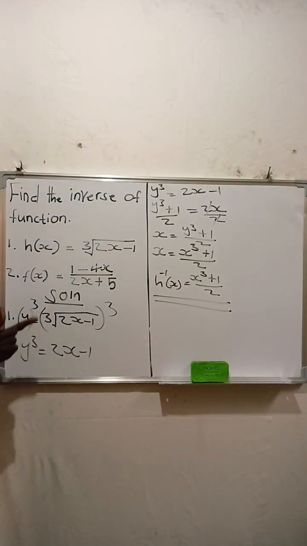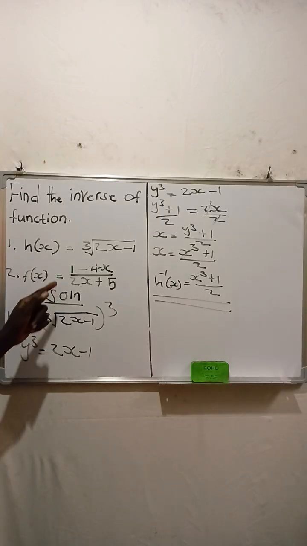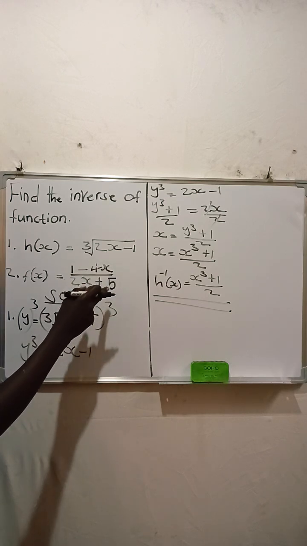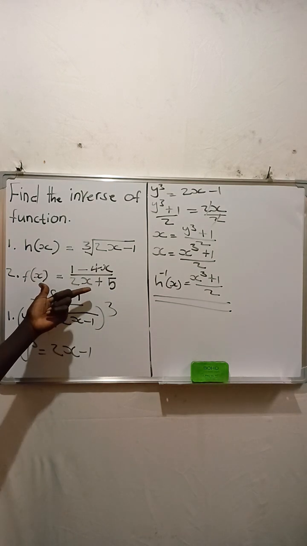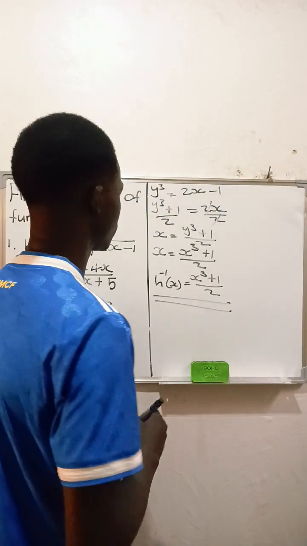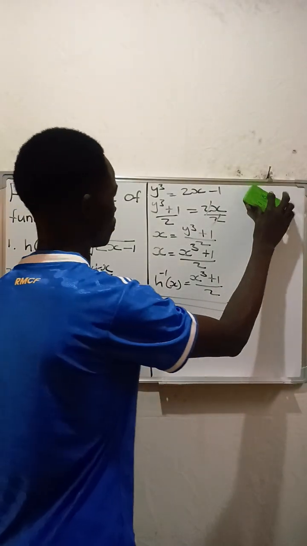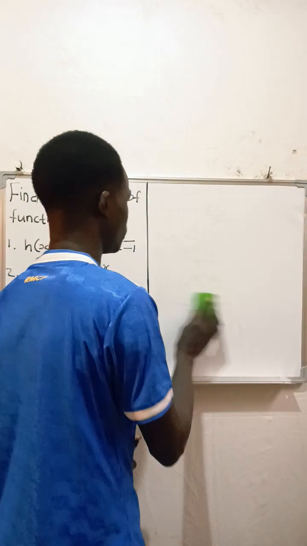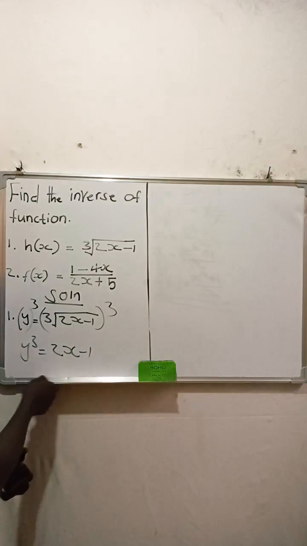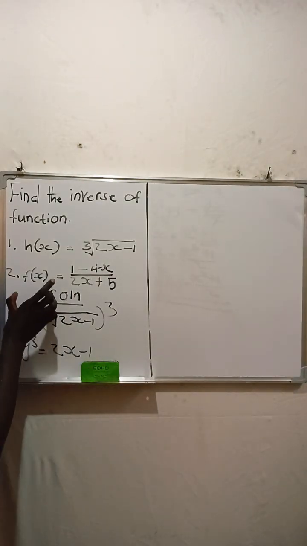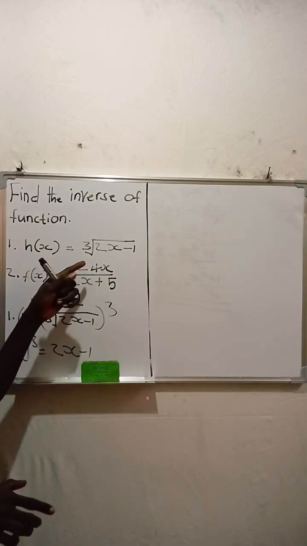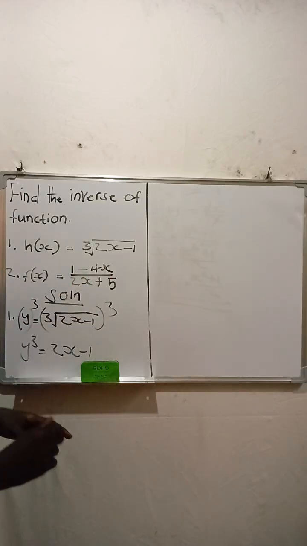Now let us move to the next, number 2, which says f of x is equal to 1 minus 4x all over 2x plus 5.